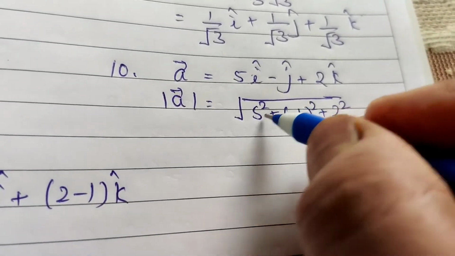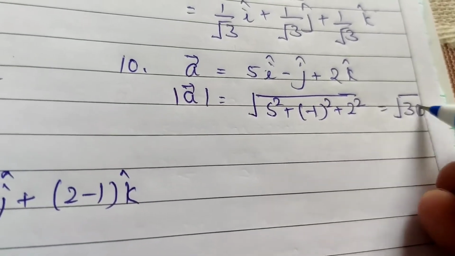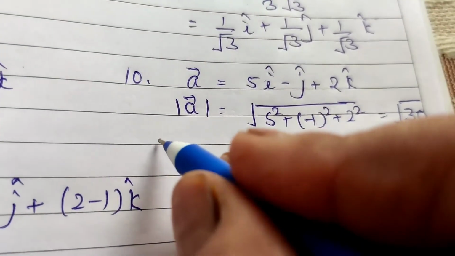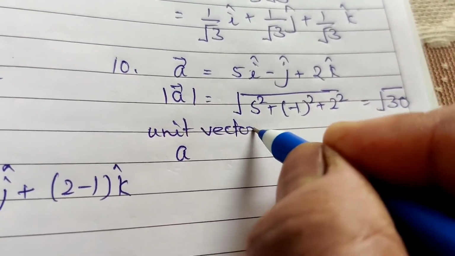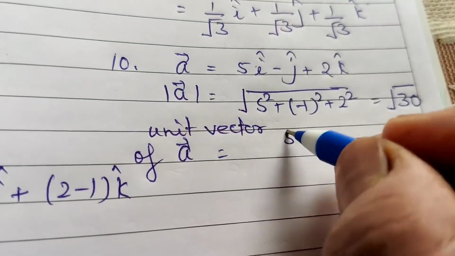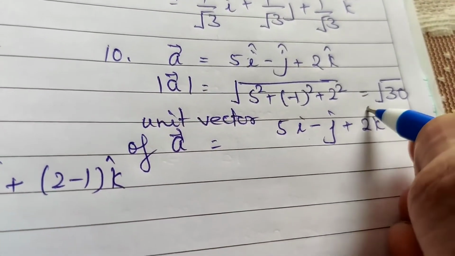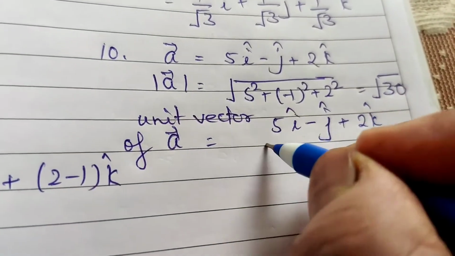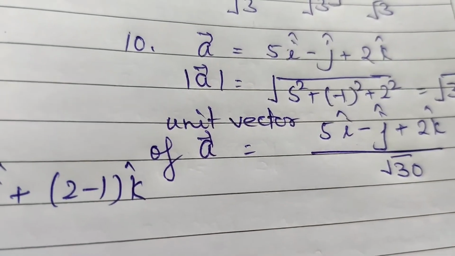It is 25, 26 and 4, 30. It is equal to root 30. The unit vector of A is equal to 5i minus j plus 2k divided by root 30. This is the unit vector of A.